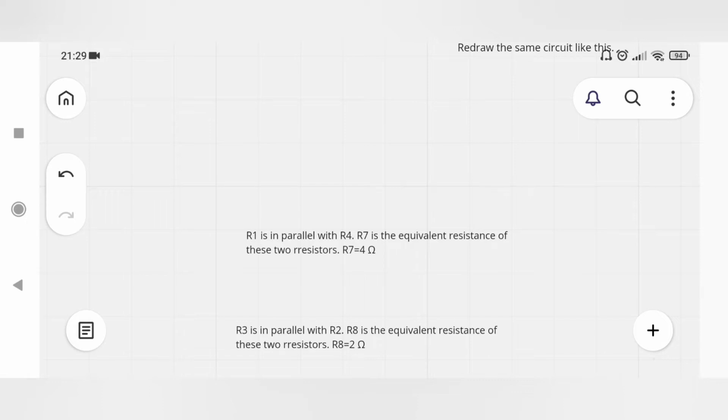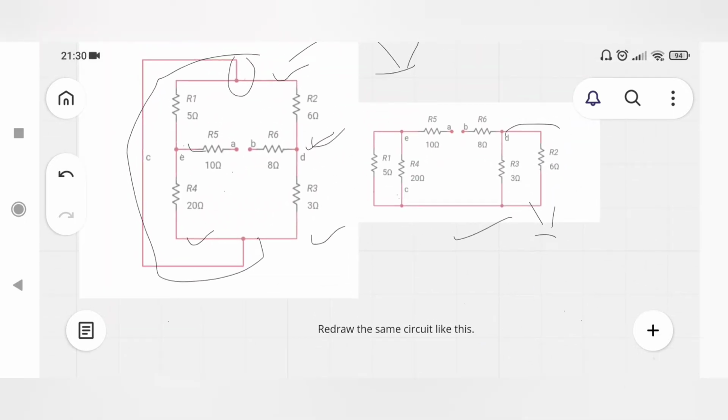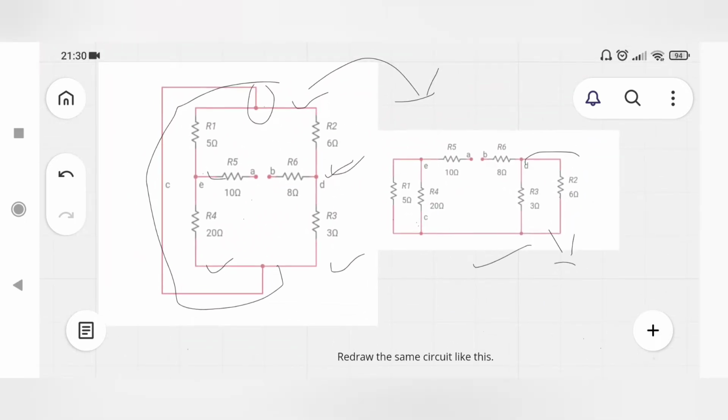R7 is equal to 4 ohm. R3 is in parallel with R2, and R8 is the equivalent resistance of these two resistors, and R8 is equal to 2 ohm. So R1 and R4 are replaced with a single resistor of 4 ohm, and R3 and R2 are replaced with a single resistor of 2 ohms.